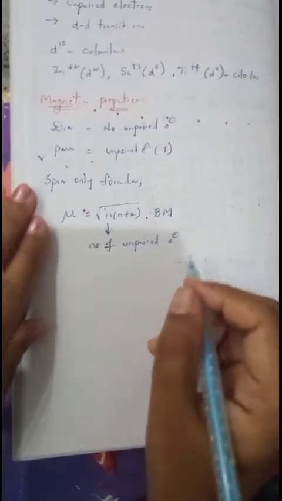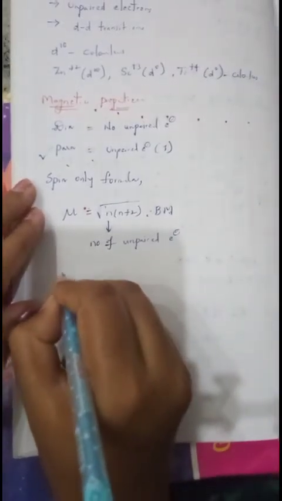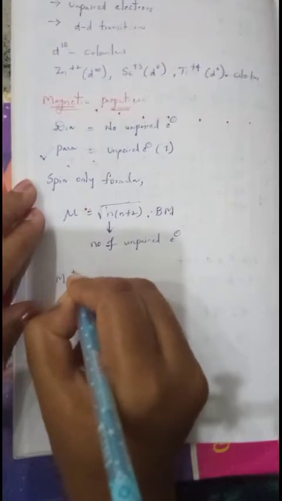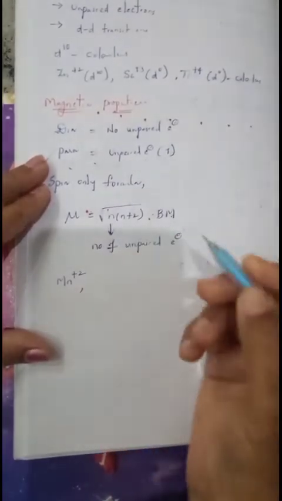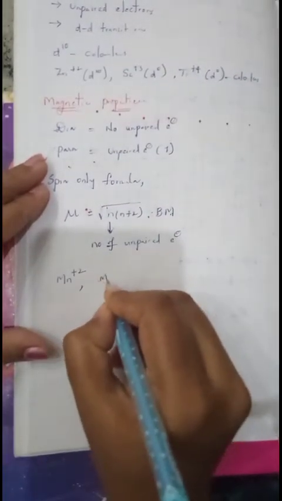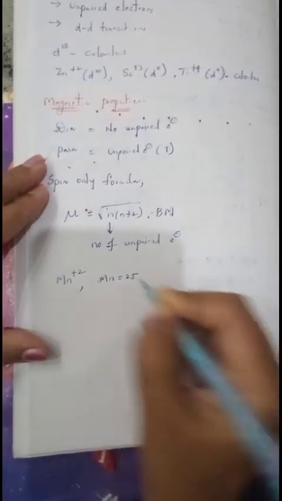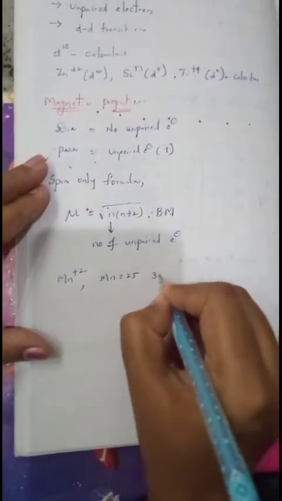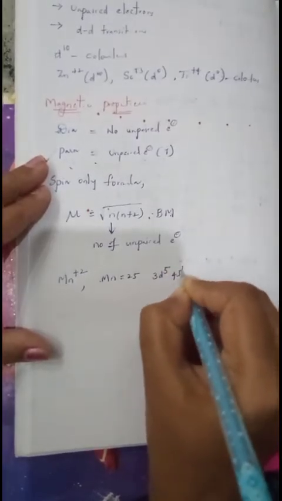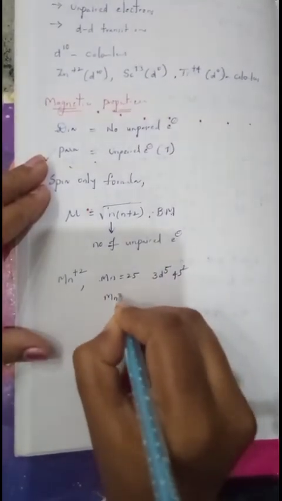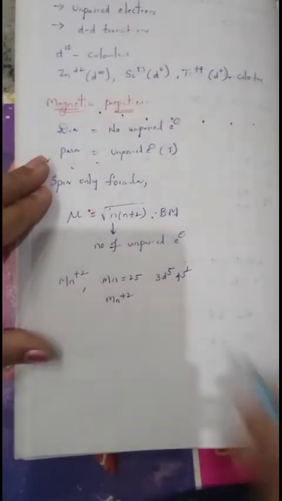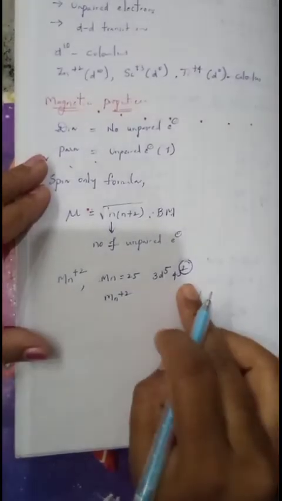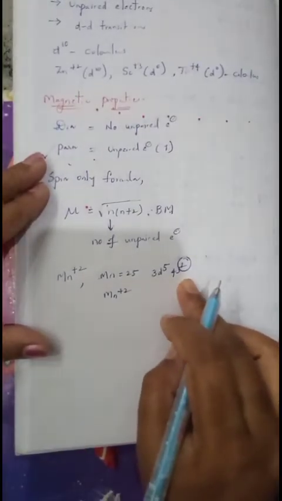For example, if you want to find out the magnetic property of Mn+2. For that, first you want to find the number of unpaired electrons. What is the atomic number of manganese? That is 25. Its outermost configuration is 3d5 4s2. Now the same manganese exists here in the form of Mn+2. So Mn+2 means it should lose 2 electrons from the outermost orbital, which here is 4s.